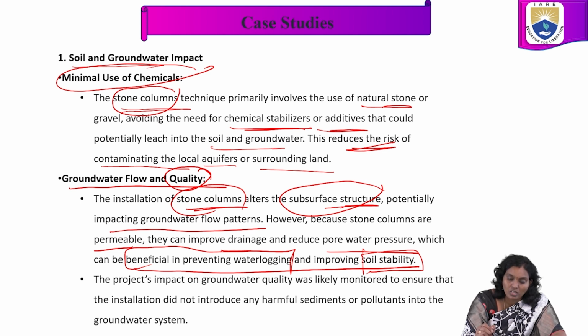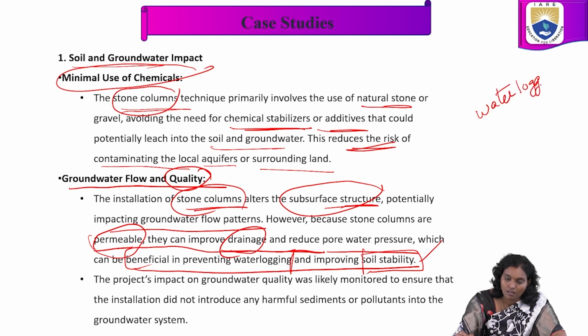However, because the stone columns are permeable, they can improve the drainage and reduce the pore water pressure, which can be beneficial in preventing waterlogging and improving the soil stability. These are the parameters which we are going to understand in this stone column.